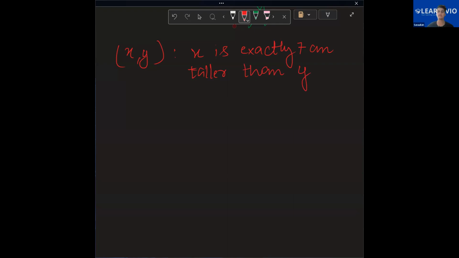These types of questions are very important and can be asked in examinations because this involves some equations. You have to make some equation, then only you can get to your answer, whether the relation is reflexive, symmetric, or not.